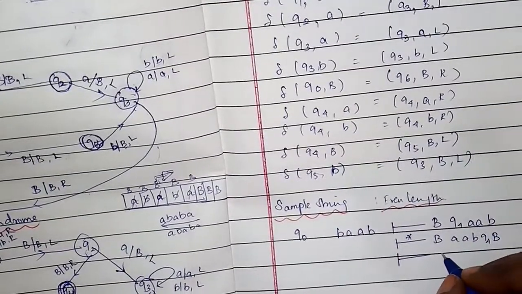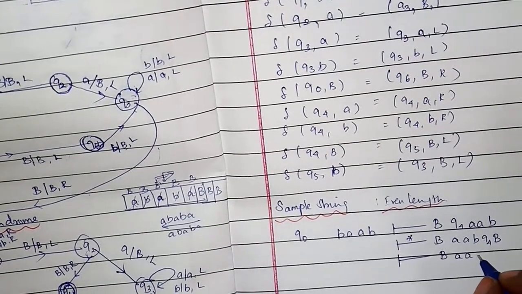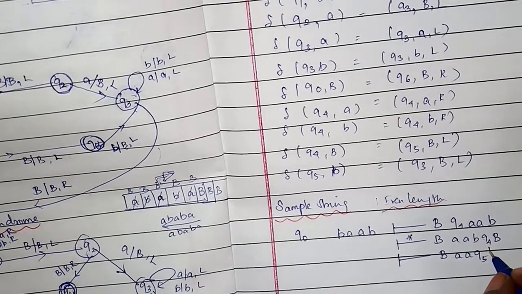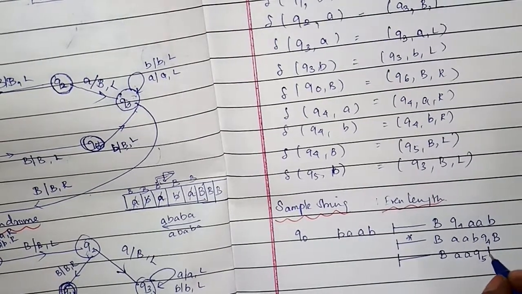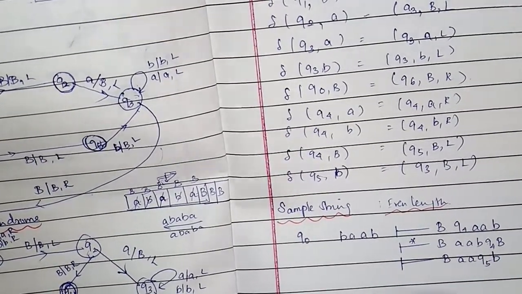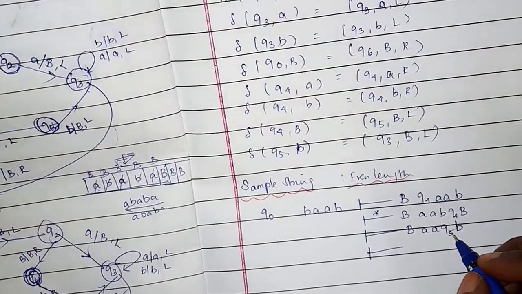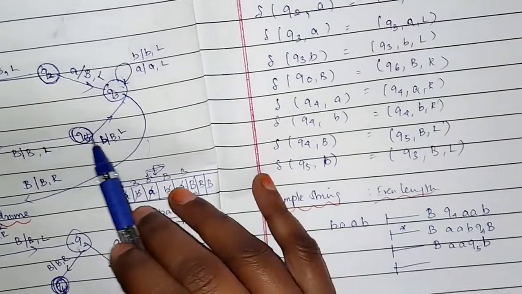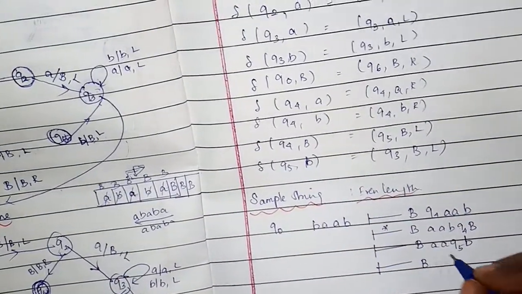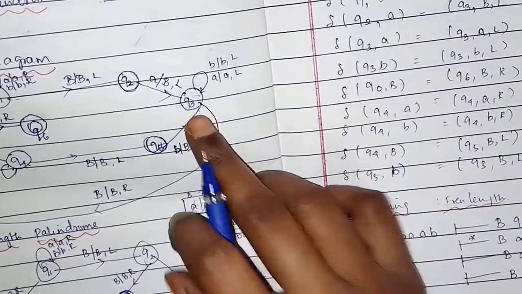So Q5, so B, A, and have this Q5. We'll have this Q5 B, okay, blank only, even there is no change, right? Okay, fine. Next, Q5 on B, you have to change this B and you go for left. So B, A, you have to go in the left direction, and the state is Q3.